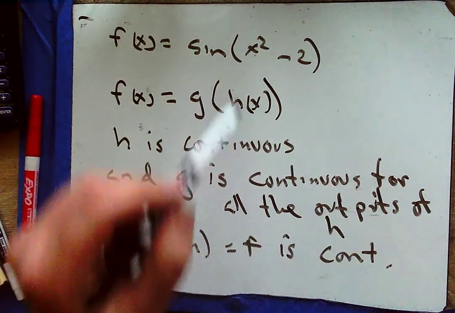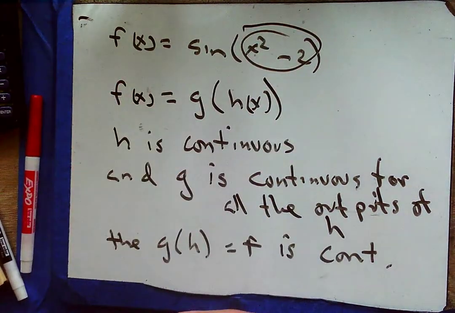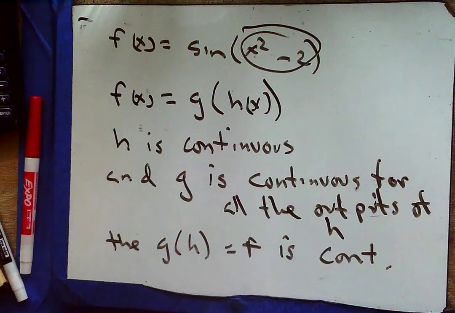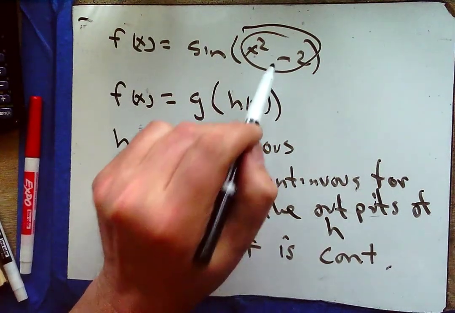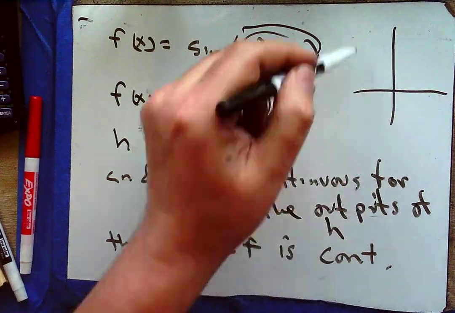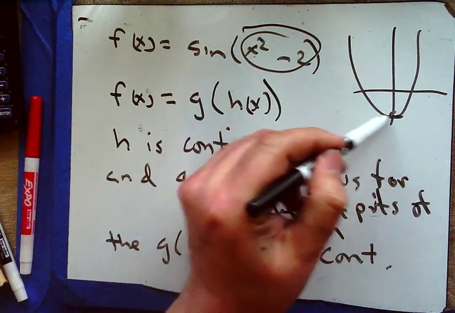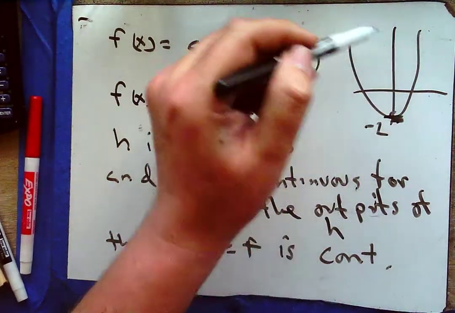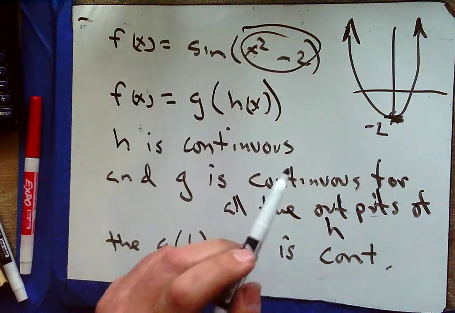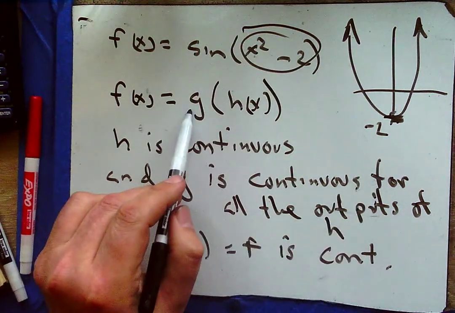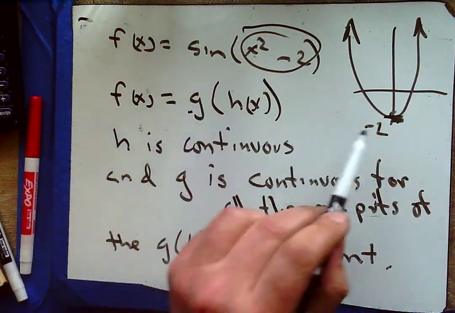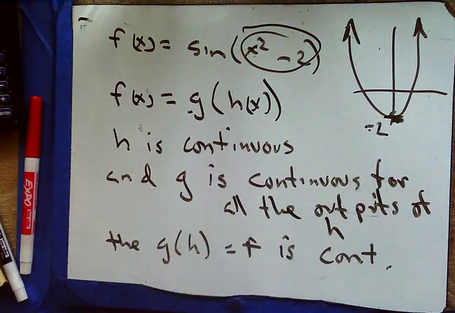So let's think about this. Is that continuous? X squared minus 2, I can plug any number I want into that, and I'm going to be good to go. Now, this is going to put out some numbers. So when we think about the y values, they go from negative 2 to infinity. So we want to know if g is continuous from negative 2 to infinity.